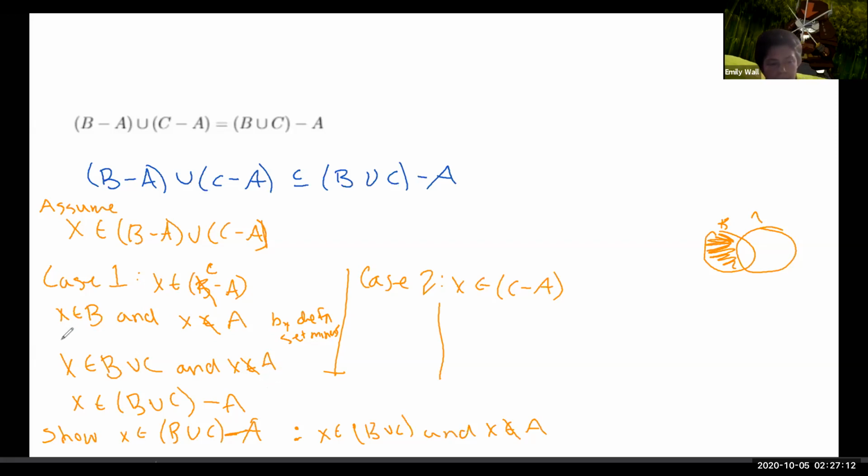I would probably write a line that says X in B, so X in B union C. This is getting really hard to read, but I added this little line right here, X in B, so X in B union C. And then maybe I come down here and again say by definition of set minus. But that's really it. The logic on its own is fine, just a couple words to help speed things along.